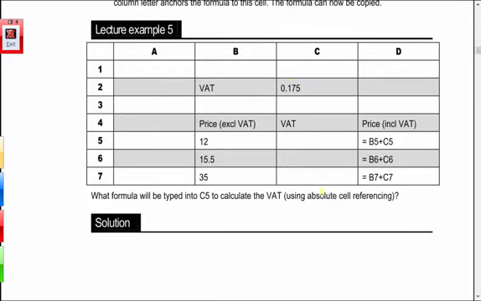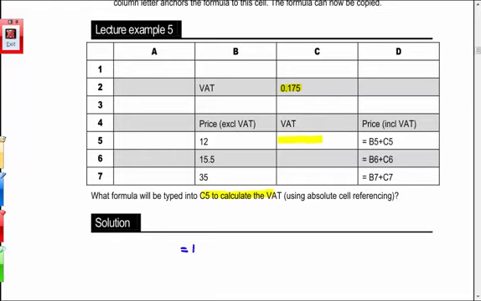So what we want to do then is to calculate the price in cell C5, which is including VAT. But rather than typing the VAT rate in, we're going to take the VAT rate from the destination cell C2. So we need to anchor or use absolute cell referencing for cell C2 when we're working out what we're going to type in to C5.